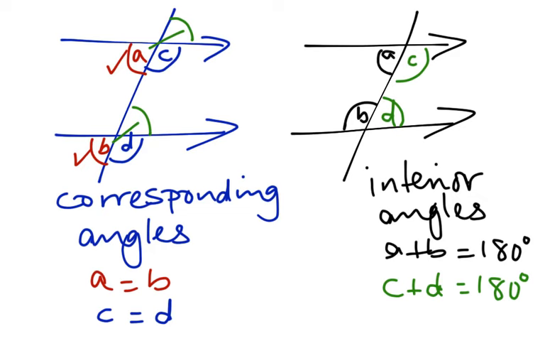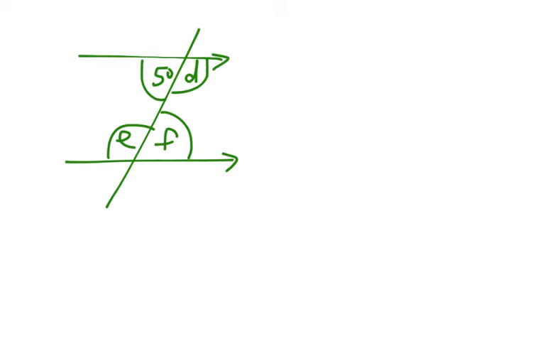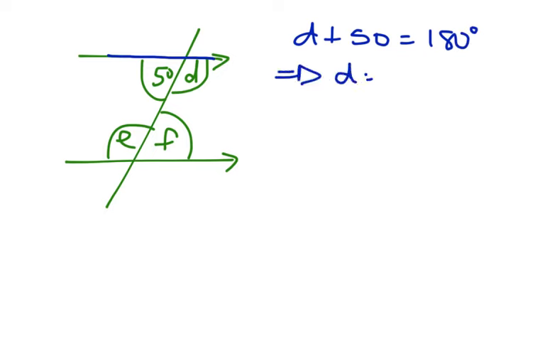Well, let's take it for a spin in a quick question. Here's a quick question we can look at. We can attempt finding this in alphabetical order. Recognizing first of all that on that straight line, all angles on a straight line add up to 180 degrees, D plus that 50 degrees is equal to 180. That implies that D is equal to 180 minus 50, giving me 130 degrees.